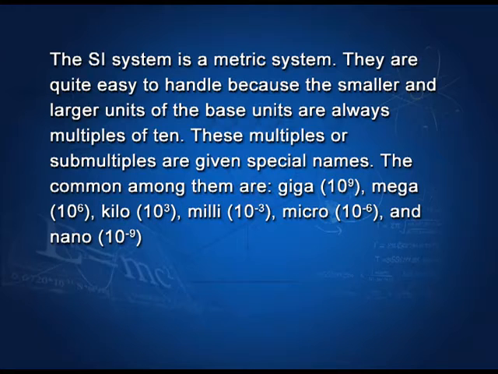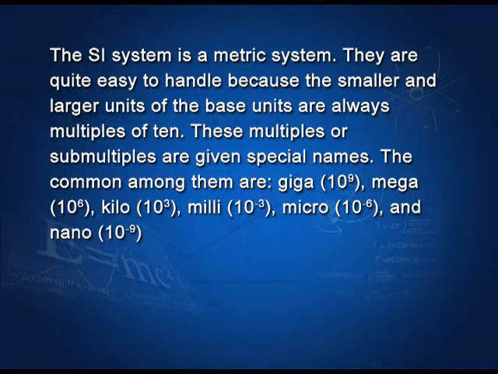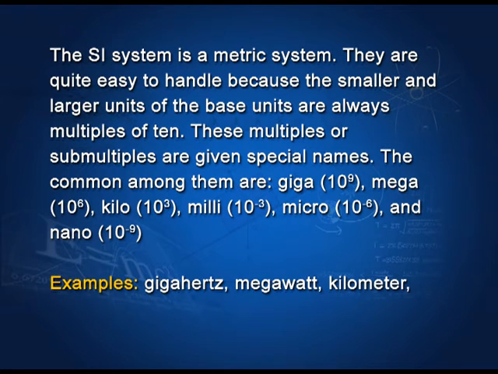The common among them are giga, which stands for 10 to the power 9, mega, 10 to the power 6, kilo, 10 to the power 3, milli, 10 to the power minus 3, micro, 10 to the power minus 6, and nano, 10 to the power minus 9.